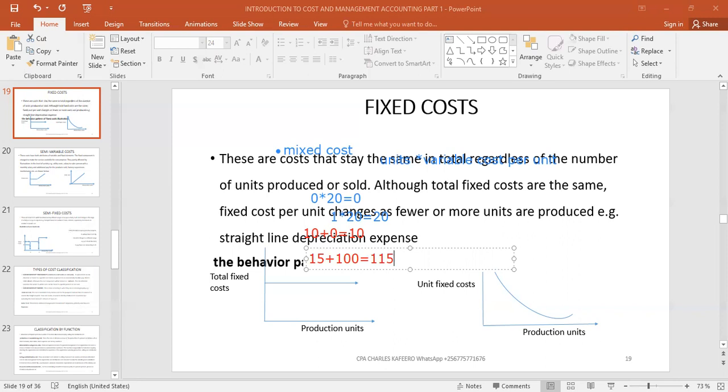We add the 5,000 or the 5 shillings to the 15 shillings to make it 20.